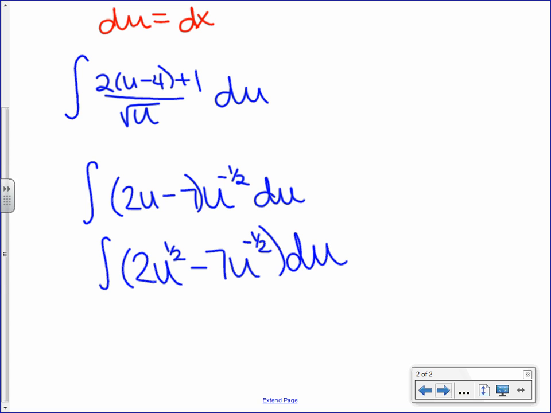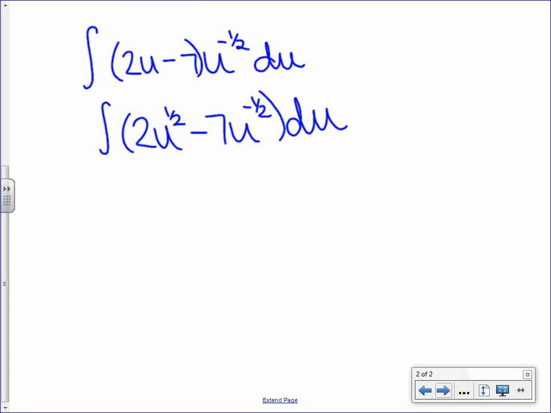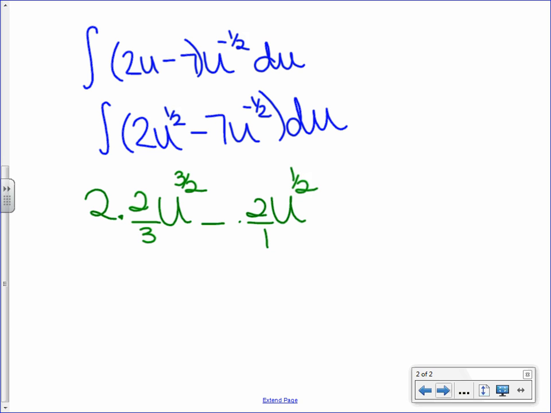Okay. So now we can finally integrate it. 2u to the 1/2, u to the 1/2 becomes u to the 3/2, divided by 3/2, and then we still have that coefficient of 2. Minus u to the negative 1/2 becomes u to the positive 1/2, divided by 1/2, and then we still have our coefficient of 7.